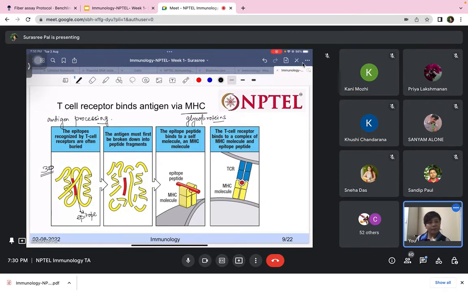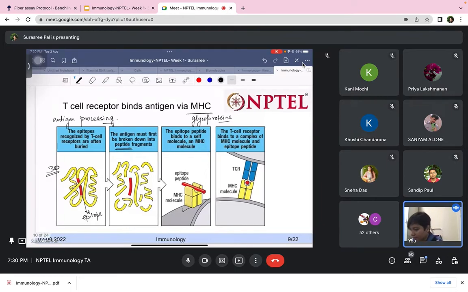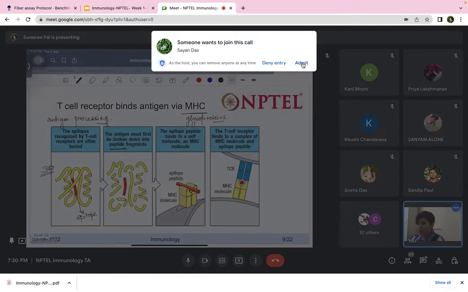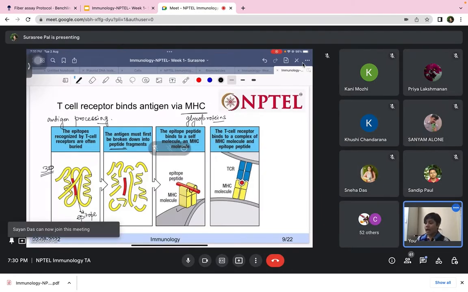And the peptide fragments are generated, and these peptide fragments are then presented on these MHC molecules. So you can see that on the MHC molecule there is this groove kind of a structure, right? And on this groove, this epitope peptide can sit, on the cell membrane.